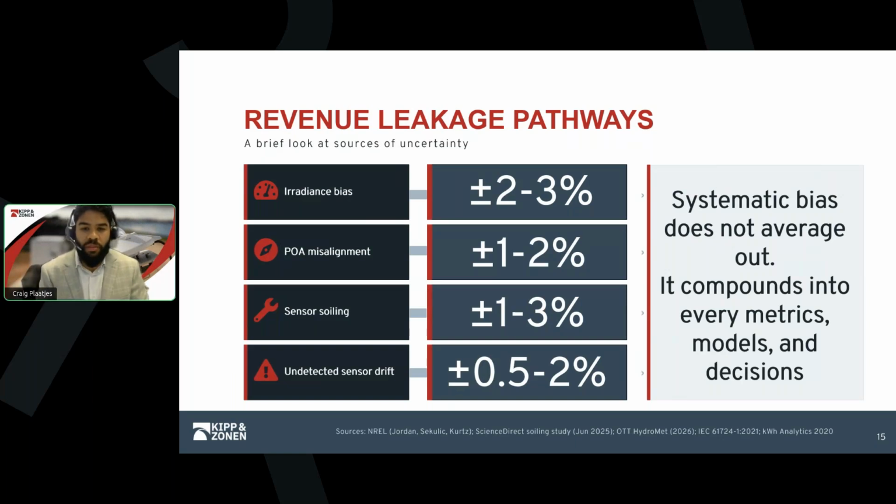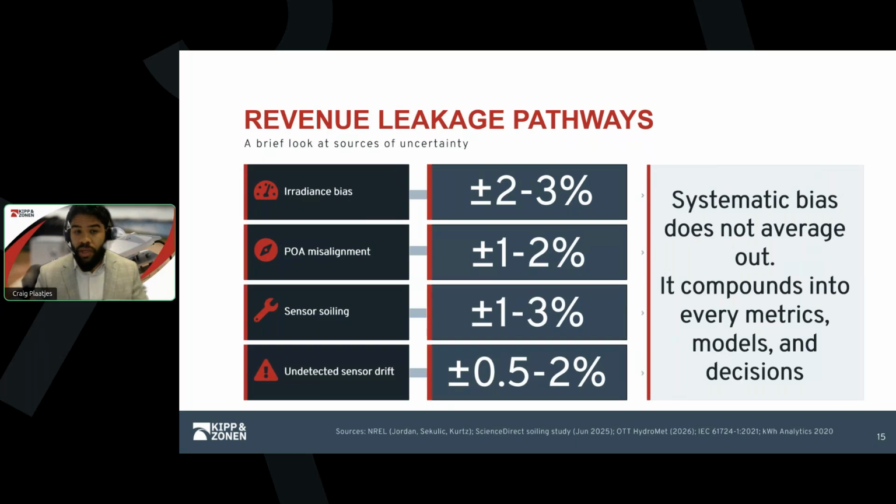The pyranometer that consistently reads 1% high reads 1% high every hour, every day, for the rest of its life, and it compounds into every performance metric, every yield model, every commercial decision made about the plant. And the longer it goes undetected, the longer you have decisions being made based on a corrupted baseline.